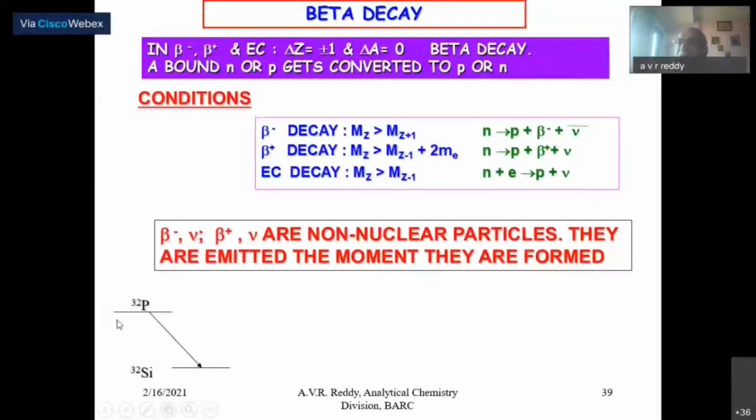We all know that the electron has a spin value of half. So spin is not conserved in this process, right? Whereas atomic number and mass number, they are conserved.